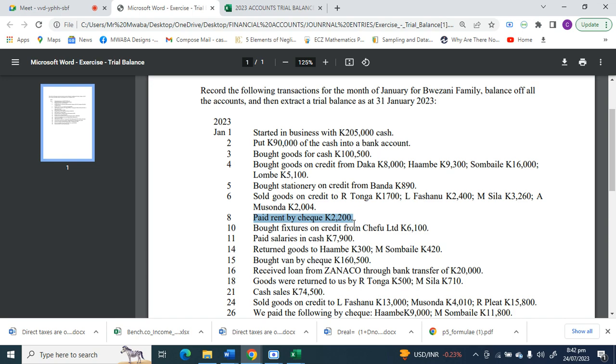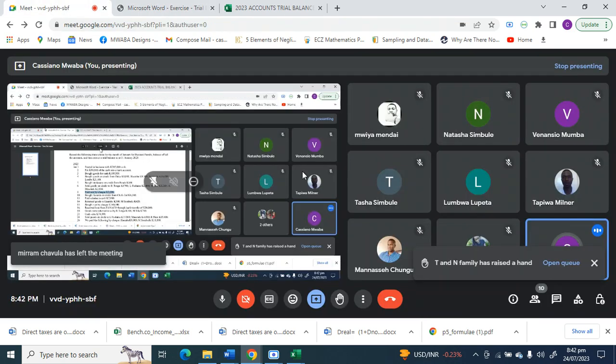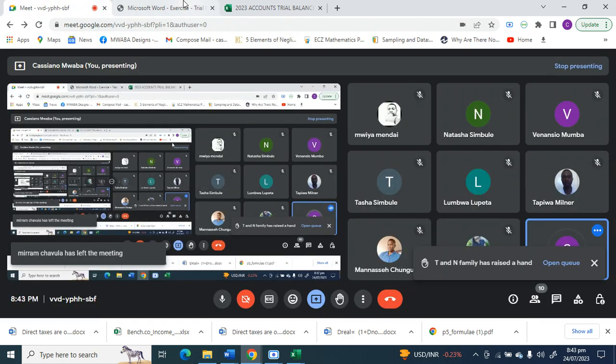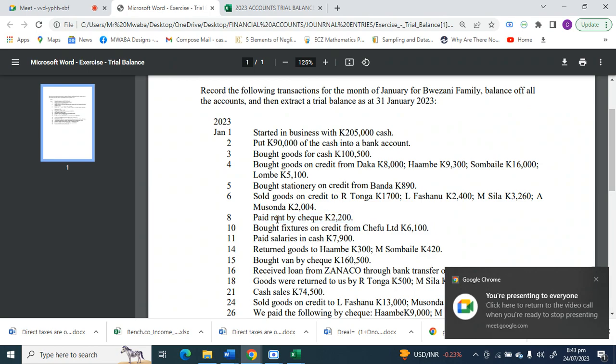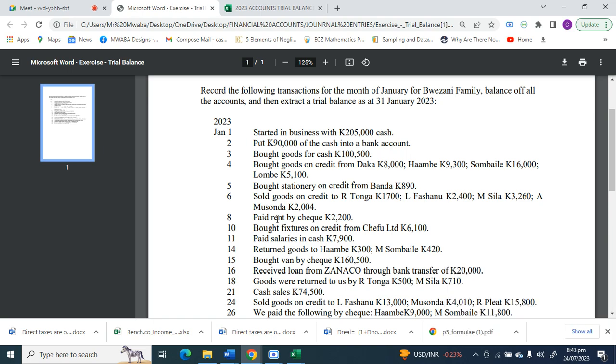You are right on the two accounts that are involved, the rent expense and bank. But remember, it is us who are paying out that money from our bank account. So what happens to our bank account when we pay out money? It reduces, right?